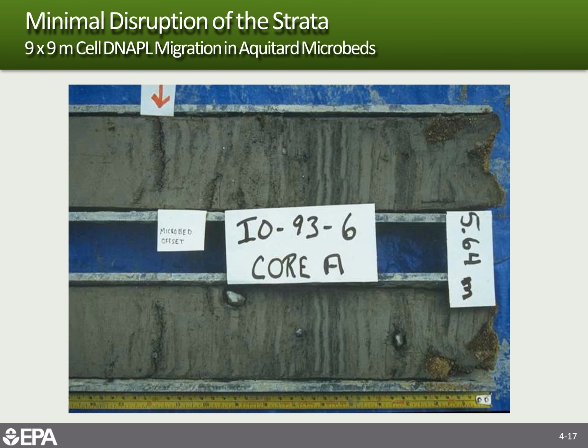Here's a photograph of a core cut in half. You can see these various beds, some very fine grain. These are inches and centimeters here at the bottom. In this case, you can see this little offset in the bed.